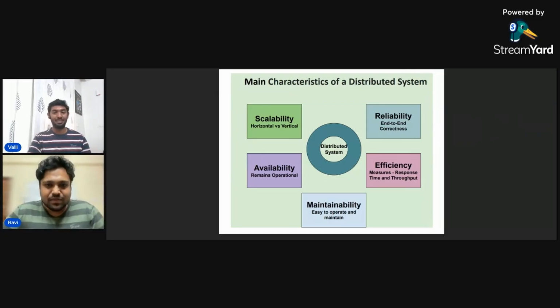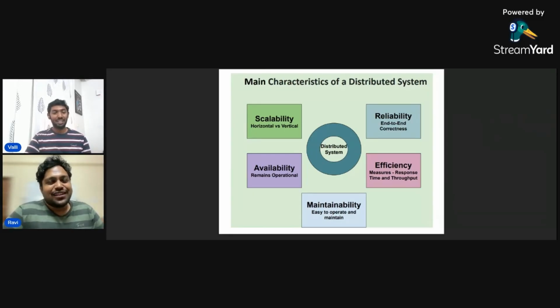That's availability. And what could be the difference between reliability and availability? In availability, the system needs to respond to the request, but it doesn't always need to be a correct response. It's not necessarily a consistent response. It needs to give a response. That's what we agreed upon for availability.